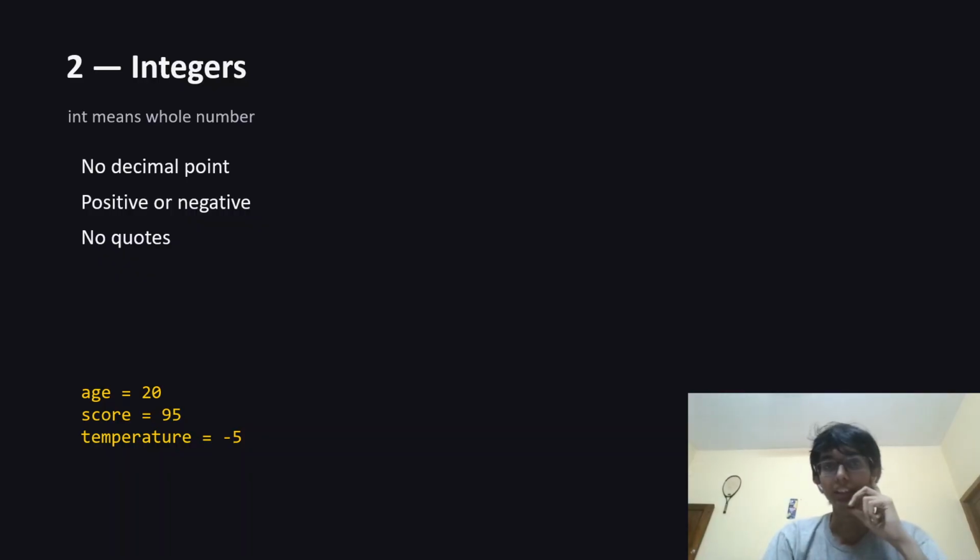The main thing with integers, as you have noticed from now on, is that we do not use quotes. For numbers and arithmetic operations, we don't use quotes, which is a good thing. Quotation marks are mostly reserved for text, for strings.